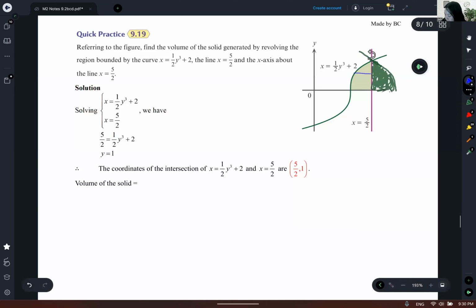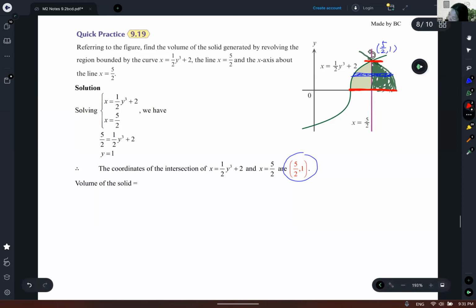To integrate, I need the pieces. I also need the bottom and the top value. Therefore, to save time, I just found this intersection.